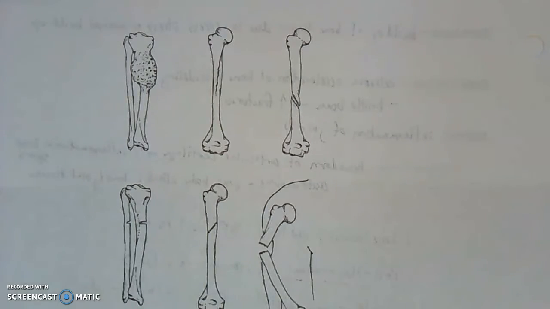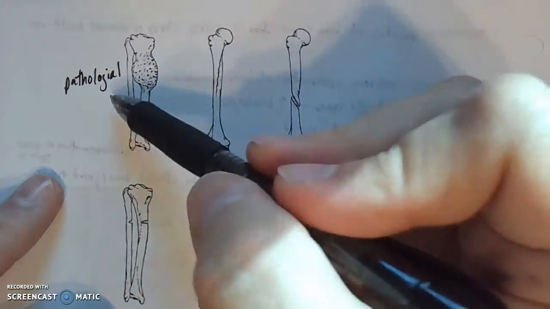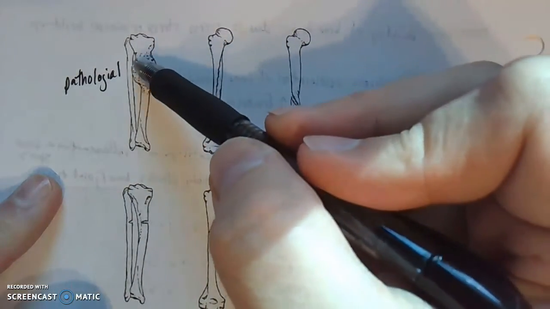This first one is called a pathological break or growth on the bone, and this is usually cancerous.